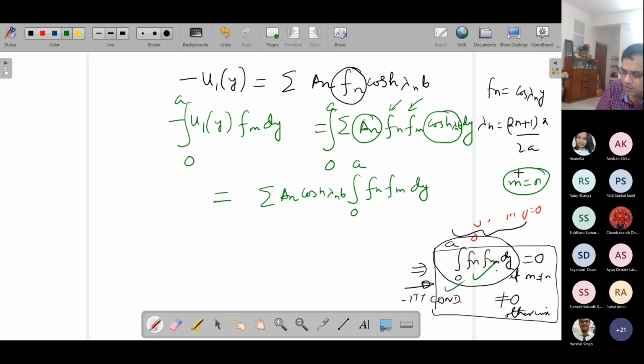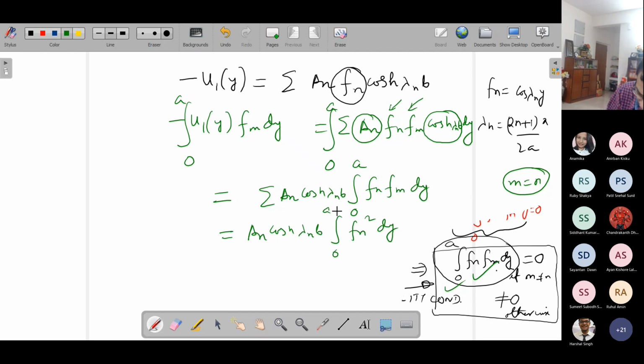All other values of n will boil down this integral to be 0. So this will become only one term, cosh lambda n b into the integral of fn square dy from 0 to a.